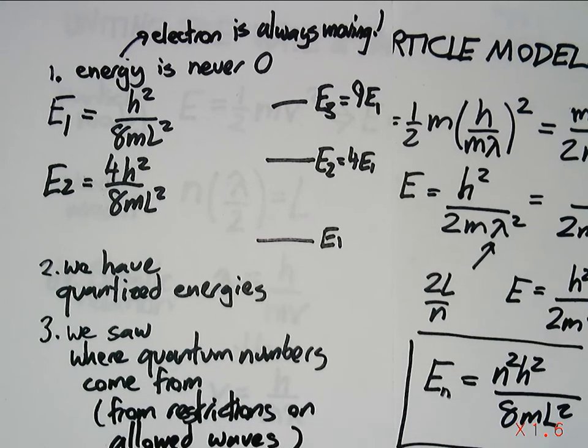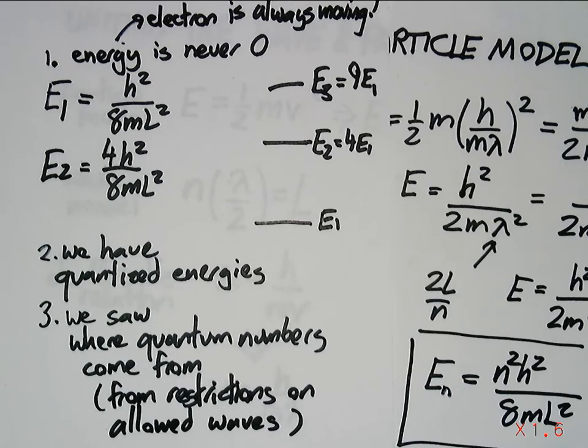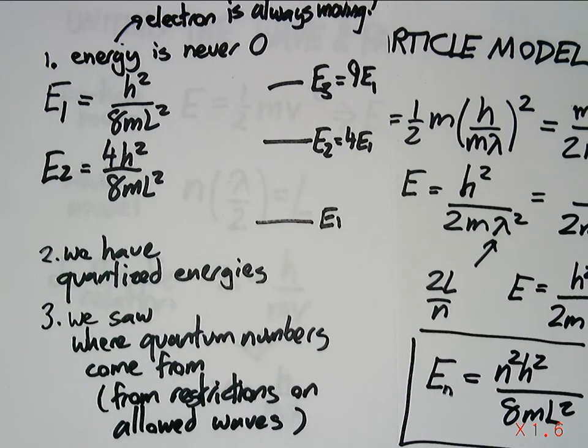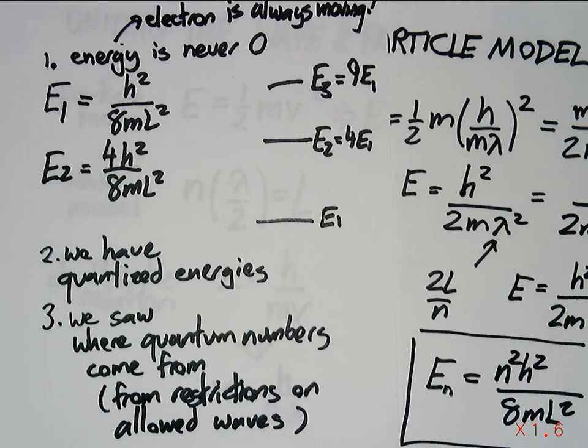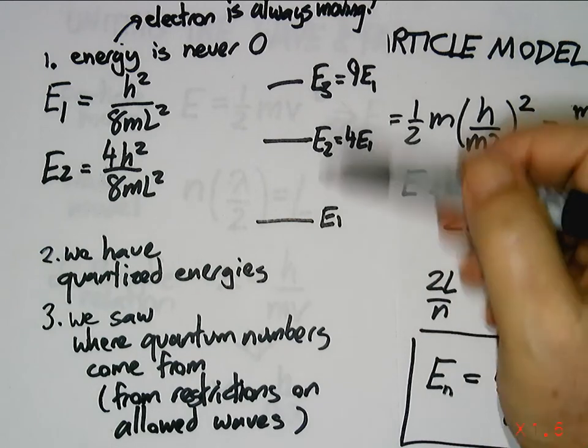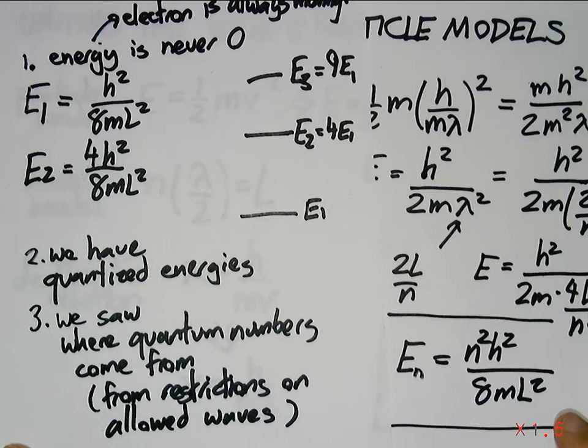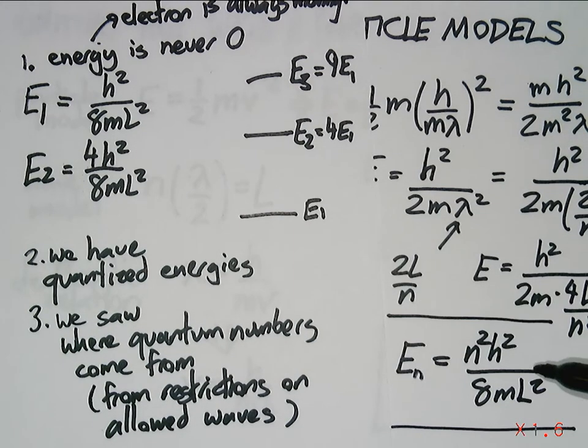Our restrictions were, for example, that we had to have nodes on the end of the wave, or on the end of the guitar string, or else you'd be tearing the string off of the guitar. There are only certain wavelengths that are allowed, so there's only certain energies that are going to be allowed as well. And there's another payoff for this. This equation is a crude model for things that happen in plant pigments, and it explains why different molecules have different colors, and we'll talk about that in the next frame.